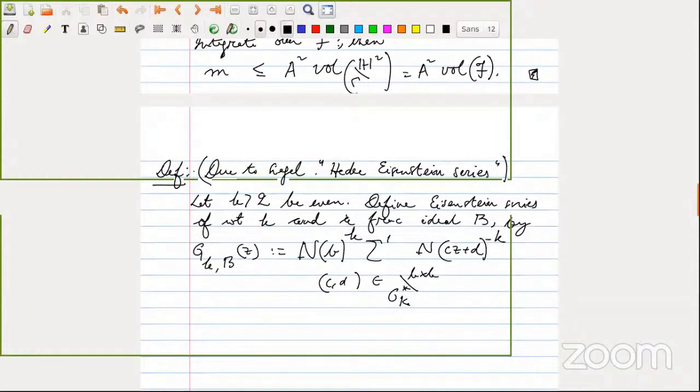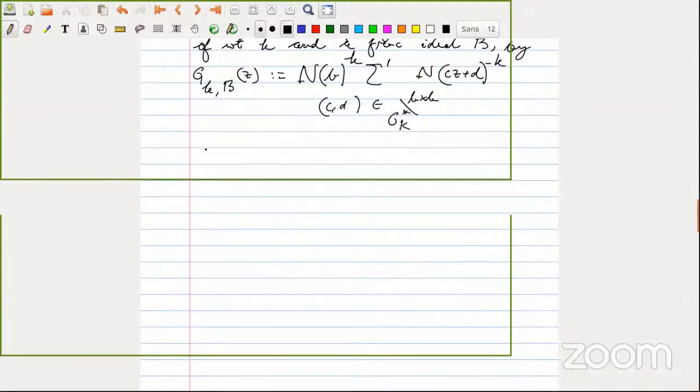We need to show this. This is called the Hecke Eisenstein series, and it differs from the usual one that we have written because of this fractional ideal B which is appearing. What is good about this is the following.